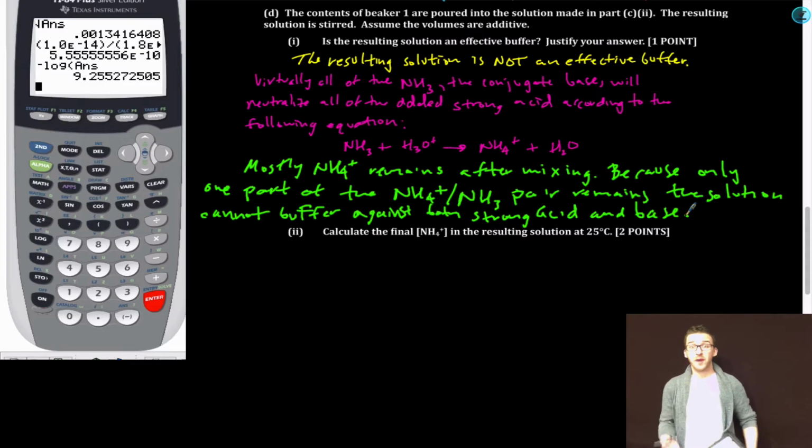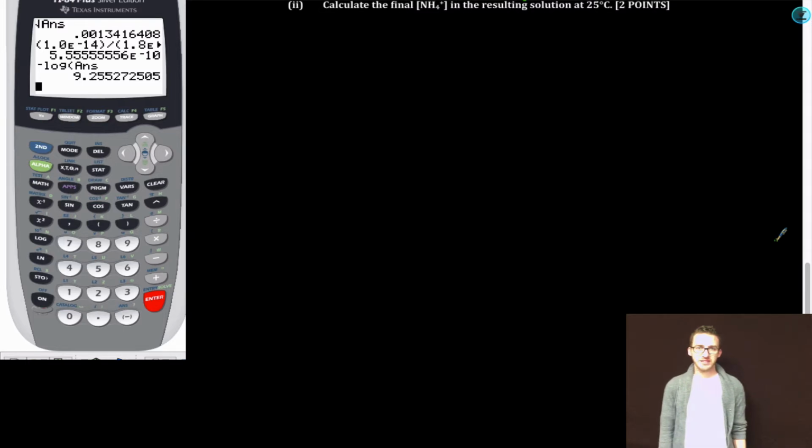And it was a great buffer to start, right? We had equal concentrations of ammonium ion and ammonia, but by adding all that strong acid, we used up all of that ammonia. So it was a great buffer. We've just exceeded its buffer capacity. And at this point, the resulting solution is not going to make a good buffer. All right, and that brings us to subpart II.